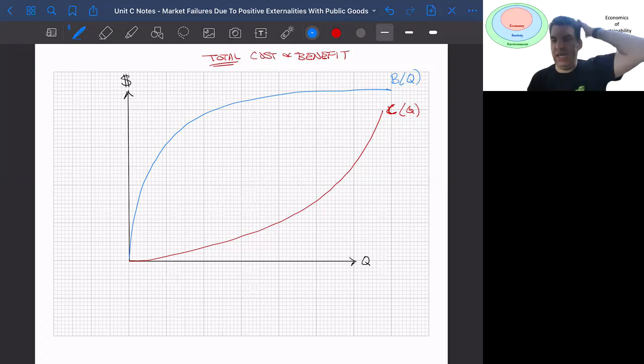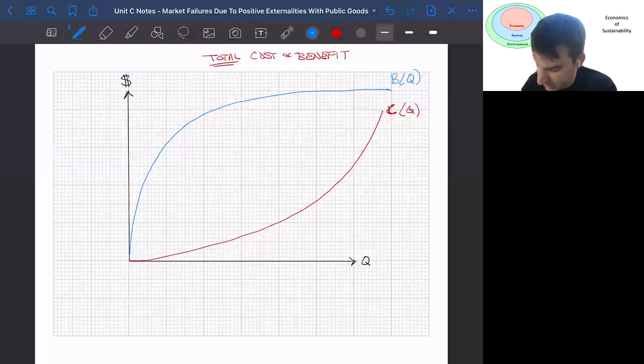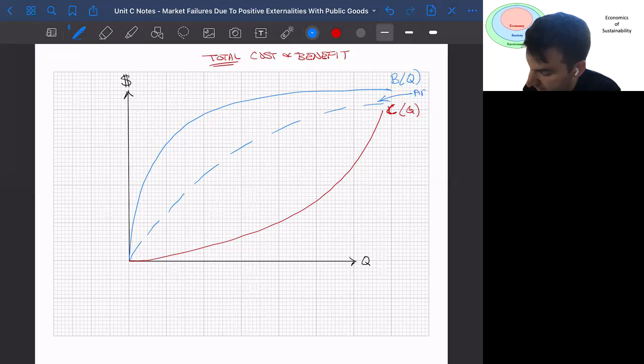But when the demand curve only includes the members, in other words, the freeloaders do not pay for their benefit, then the apparent benefit to society, to the producer, is going to look like a rising curve that is much shallower. And so this here is the apparent benefit to society.